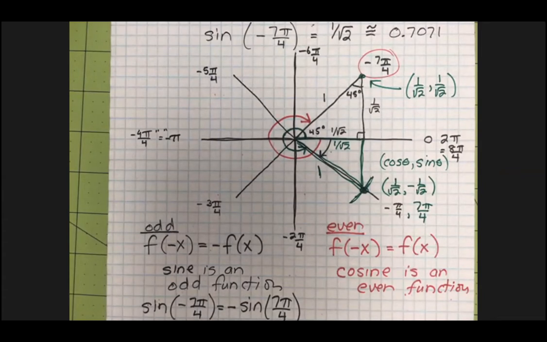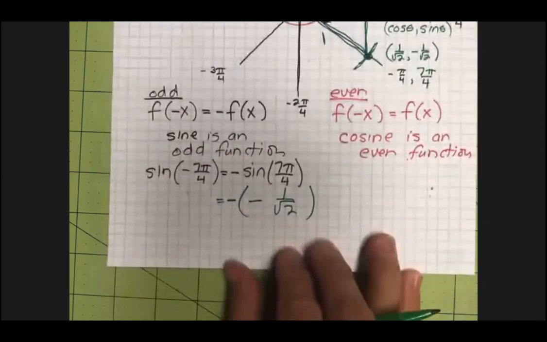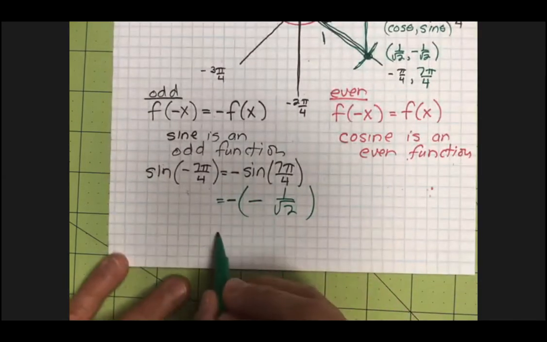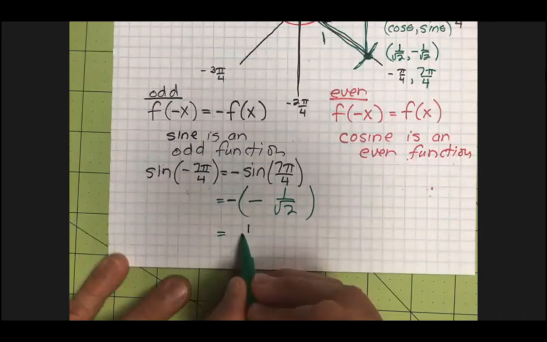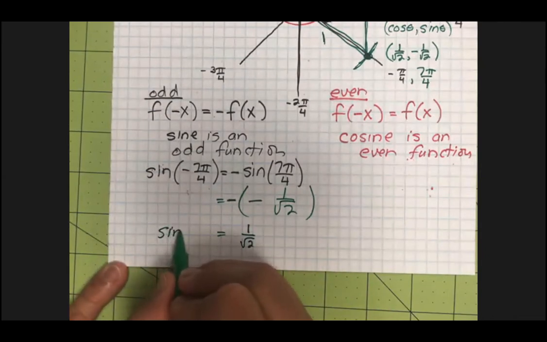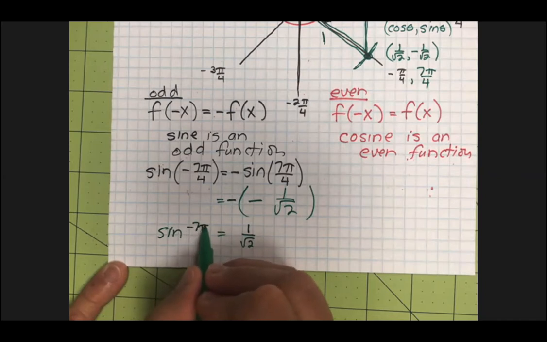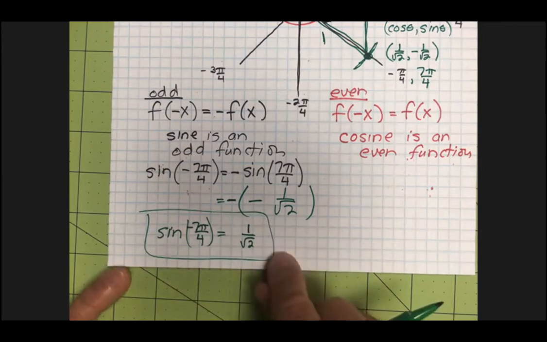But according to my instructions, to get the sine of minus 7 pi over 4, I take the opposite of the sine of 7 pi over 4. Sliding up, the two opposites have canceled each other, the opposite of the opposite, and you have just sine of minus 7 pi over 4 is 1 over root 2.